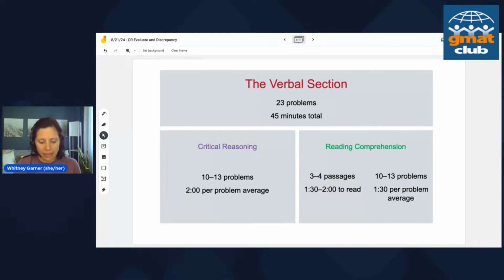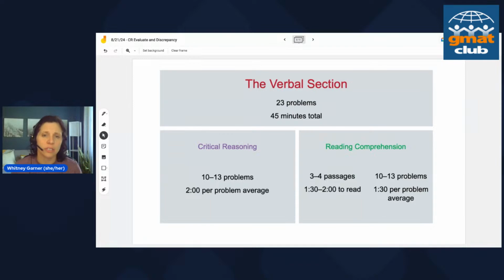One thing I like to highlight when I look at this verbal section as a big picture is the real clear distinction about what the GMAT wants you to be doing when it comes to critical reasoning and what they want you to be doing when it comes to reading comprehension. So reading comprehension, where you read the big long passage and then, off to the side is the question.